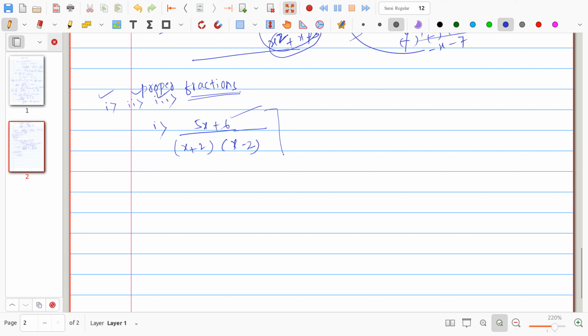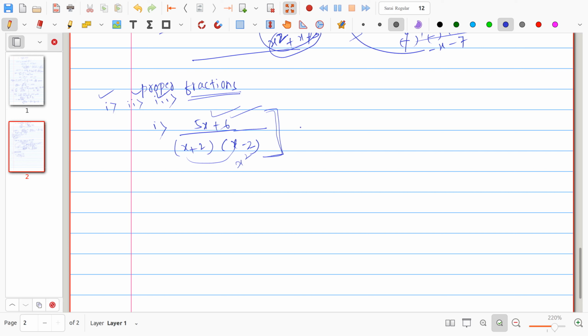But in examinations you have to identify the equation. If it is an improper fraction, you have to make it a proper fraction. But the given problem is a proper fraction, because x into x is x square, so the denominator has a higher degree than the numerator.